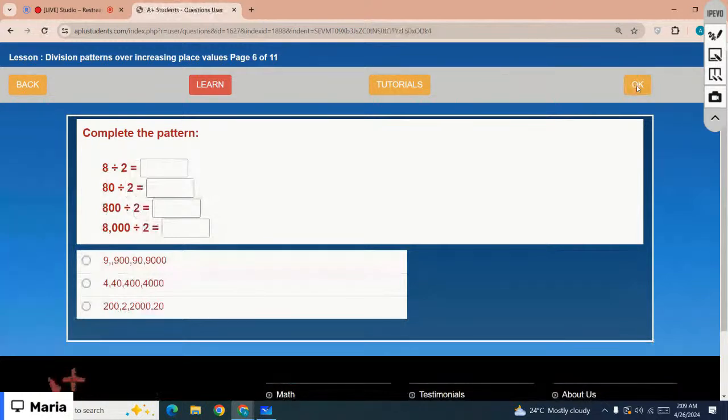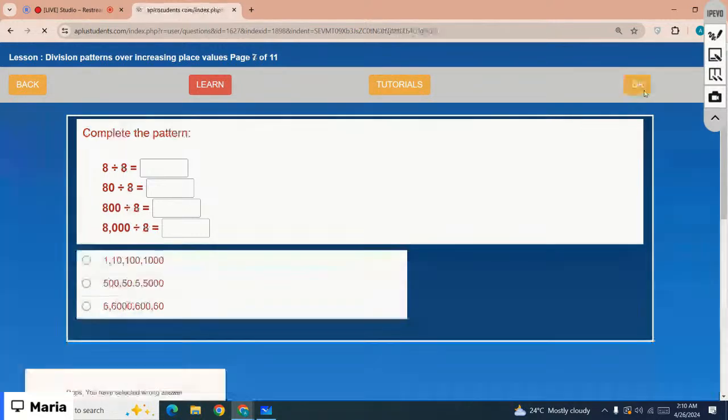Complete the pattern, which is the correct option? Yes, the correct option is the second one. 8 divided by 2 equals 4. 80 divided by 2 equals 40. 800 divided by 2 equals 400 and 4000 divided by 2 equals 2000.